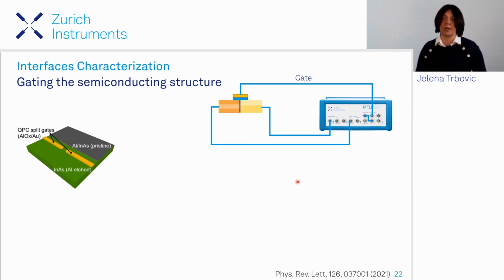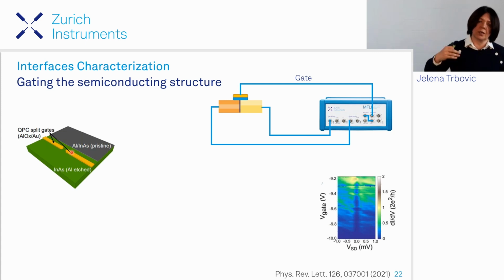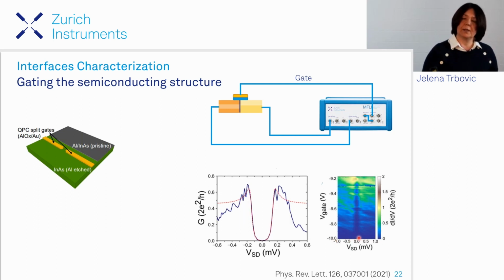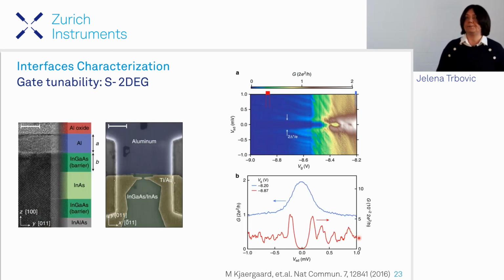So this is one example where a quantum point contact, QPC, in this aluminum indium arsenide interface over here has been gated in order to change its transparency, and over here you can see how, as a function of gate, the transparency changes. So this is in a lower region over here with low transparency. And if we go a little bit higher up, we see still a hard gap, but a little bit higher conductance for this particular work.